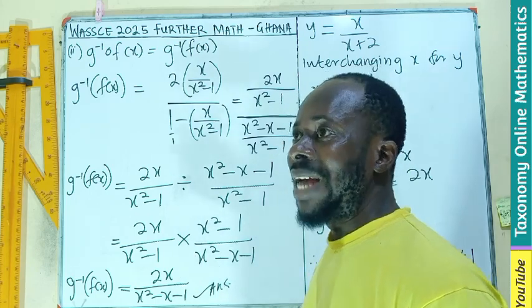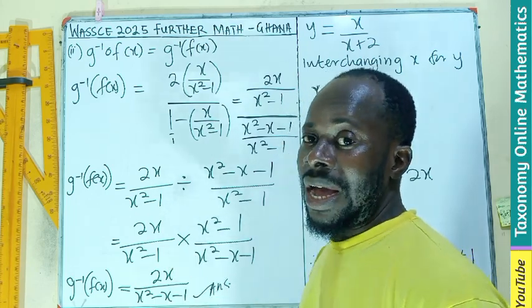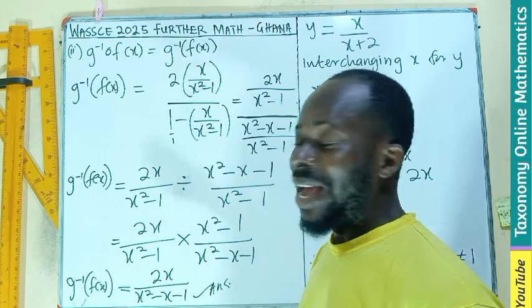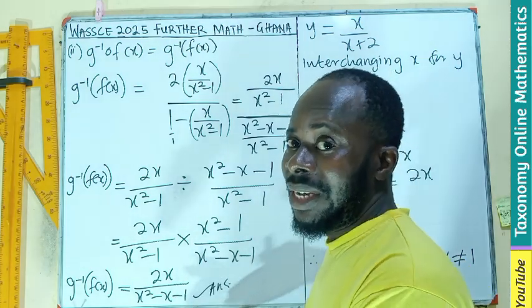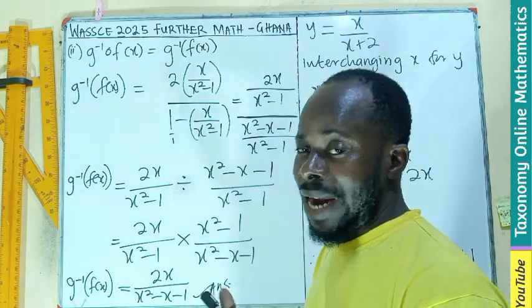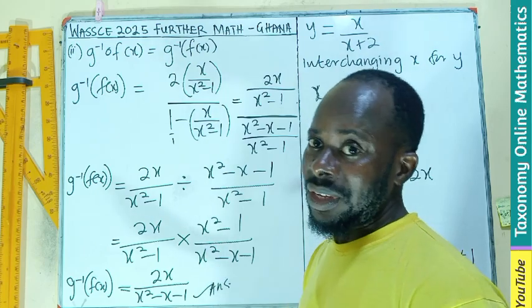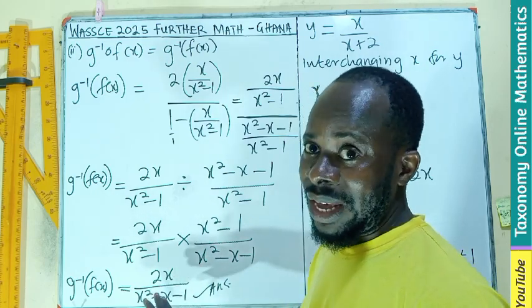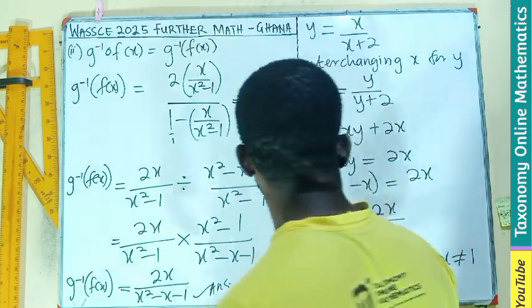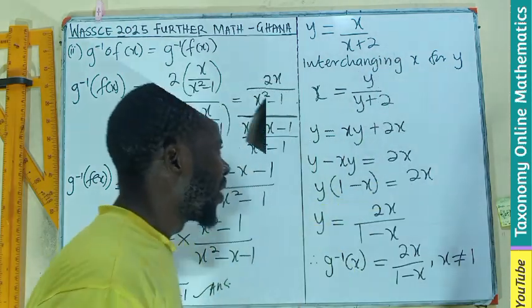Then the third part is asking for the largest domain, the values of x that can satisfy this equation. What are the pool of numbers that we can replace x with that will make this satisfied? That is the domain you're looking for. So let's clean here and work with that also.